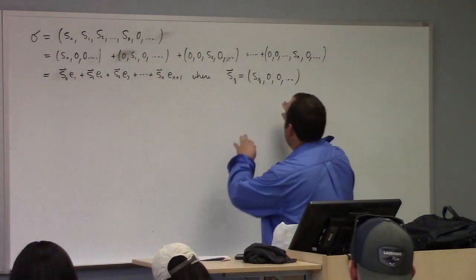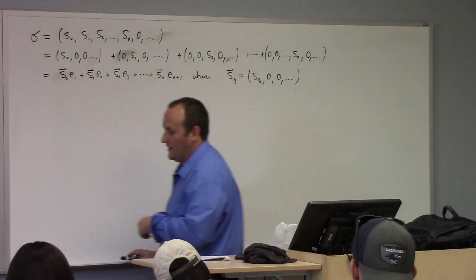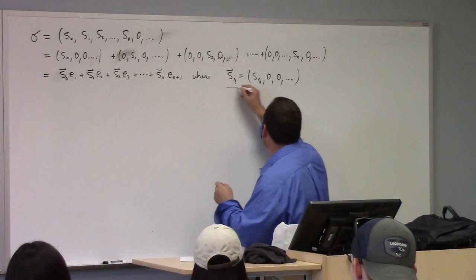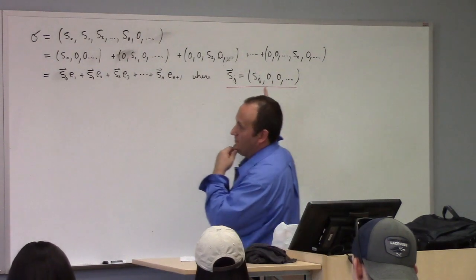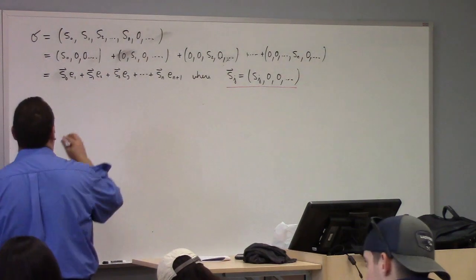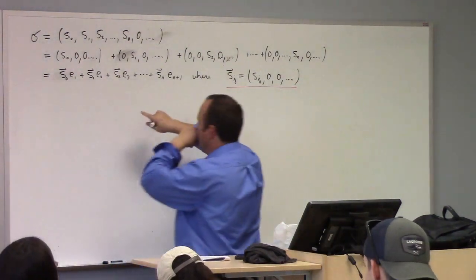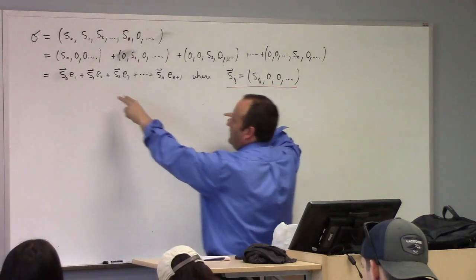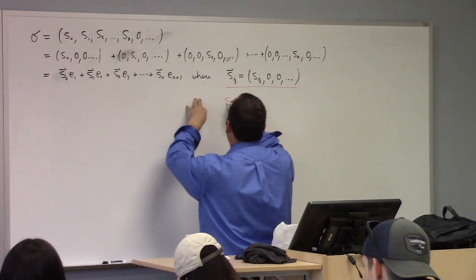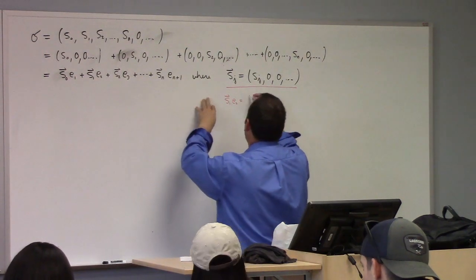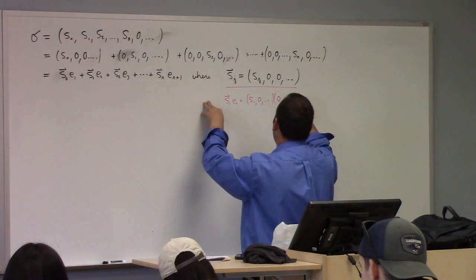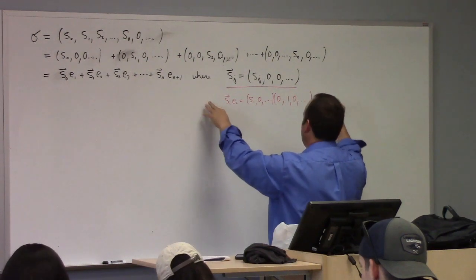We were starting to see my mistake in what I was trying to do a second ago. You have to really think through it. If you take this and multiply that by E1, for example, that's the calculation I just did. S0 times E1 gives you that. Now, for example, S1 vector times E2 would be S1, 0, times 0, 1, 0, which would be what?